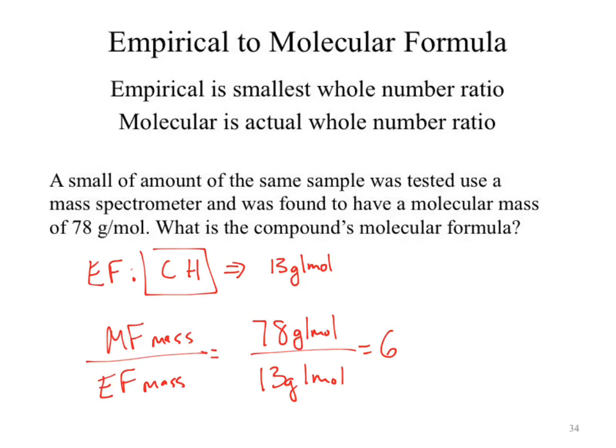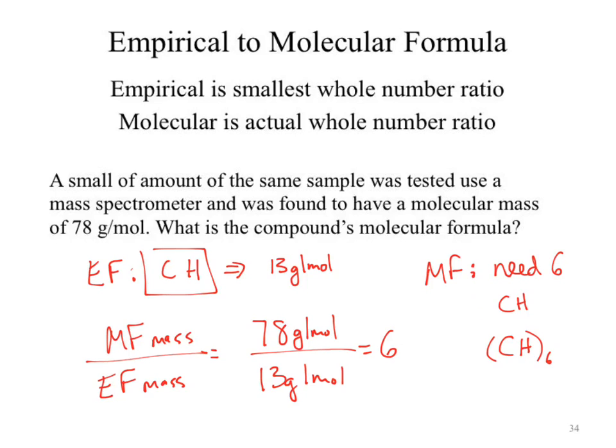Okay. So that means to get my molecular formula, I need, and I'm going to try and write this out, 6 CH units. How could I write that out into a molecular formula? One option is CH parentheses 6. We would not write the 6 out front because the 6 now specifies an amount in a reaction, not in a formula.